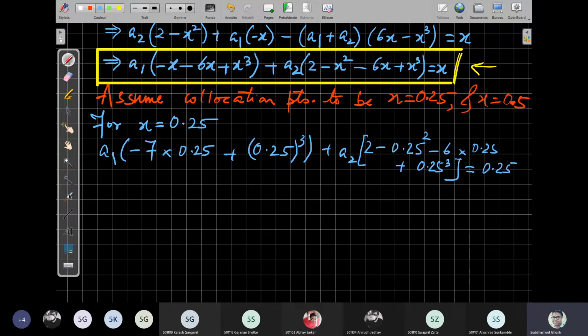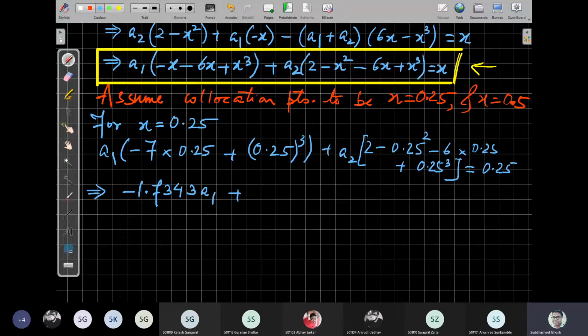Okay, now tell me what is this? Minus 1.73, so minus 1.73 into 0.25 plus 0.25 cube gives 7343, yes, 7343 A1.